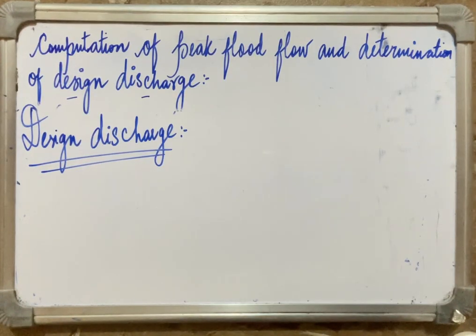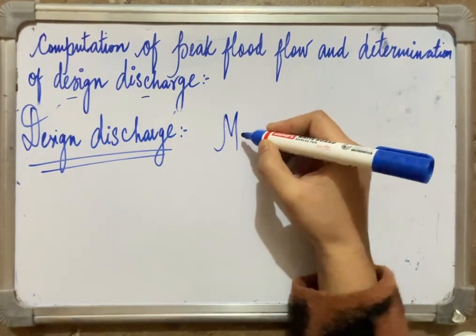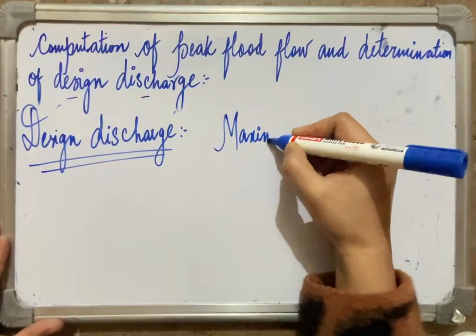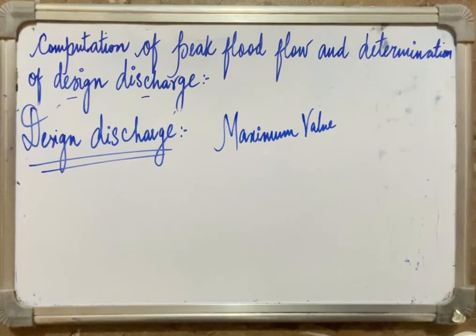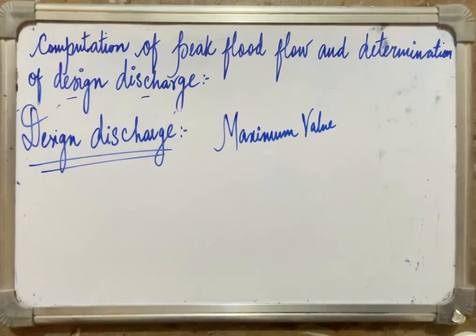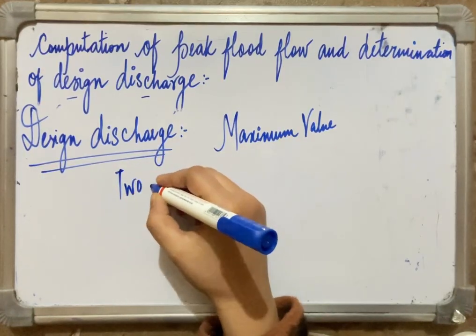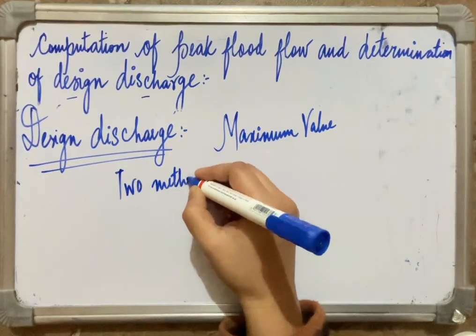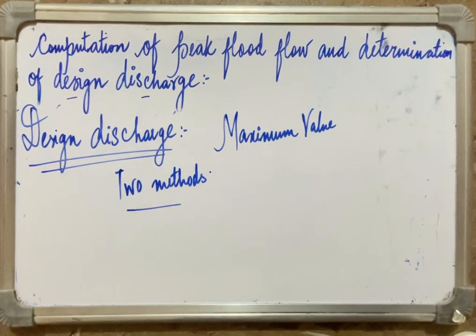The design discharge may be taken as the maximum value obtained from at least two of the methods. All right, we can make use of any of the two methods, and the maximum value among the two will be taken as the design discharge.